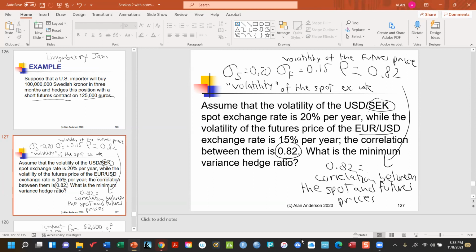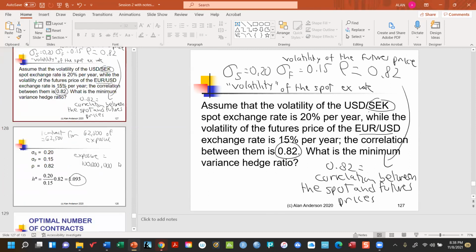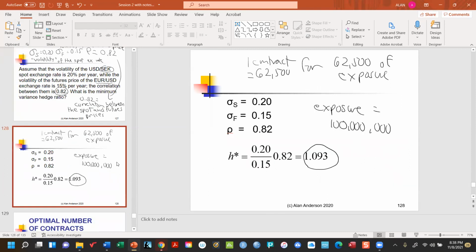Okay, so now really all we have to do is plug them in. This is not a terribly sophisticated formula, but you can see it ends up recommending that we have a ratio of 1.09.